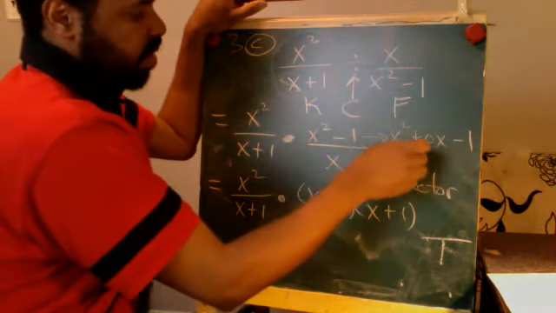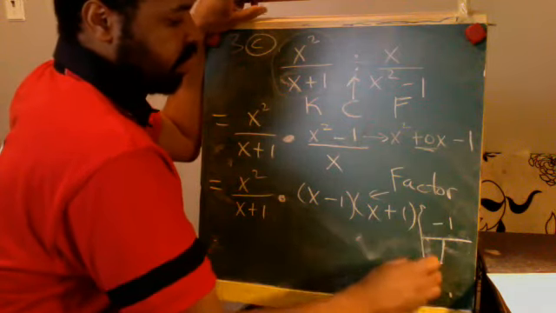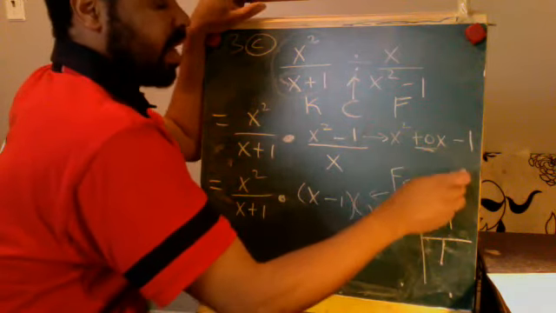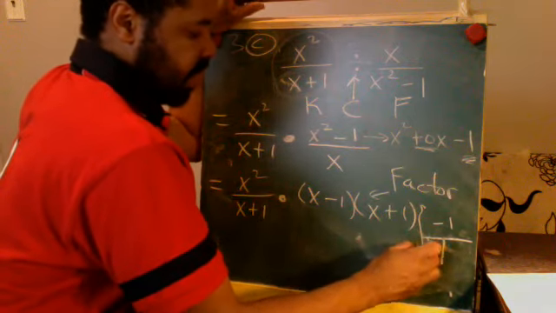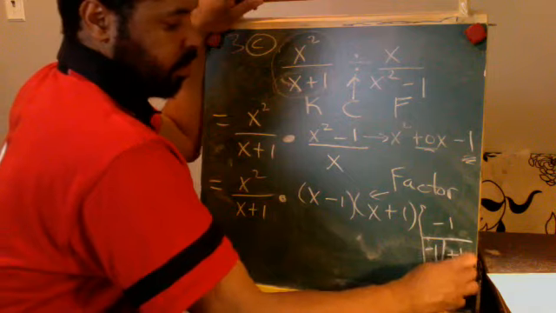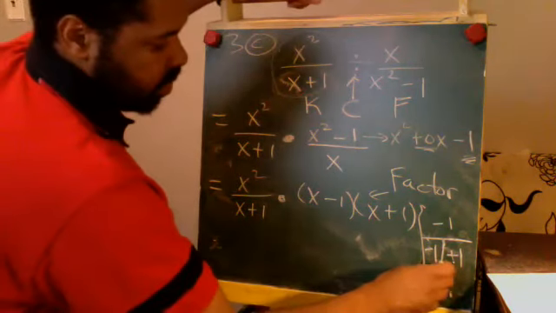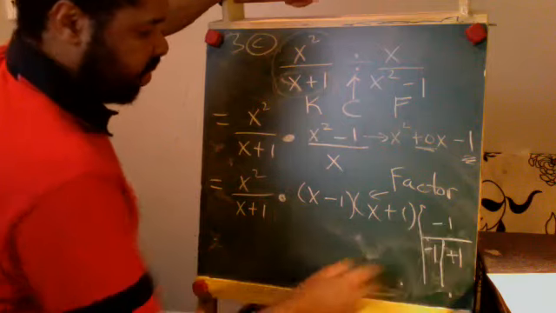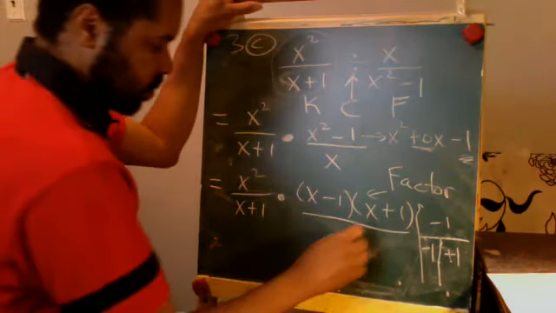So x squared plus 0x minus 1. What multiplies to give you negative 1 and adds to give you 0? So obviously that's going to be negative 1 and positive 1, right? Those two numbers add to give you 0 and multiply to give you negative 1. So that's how you get that factor in.